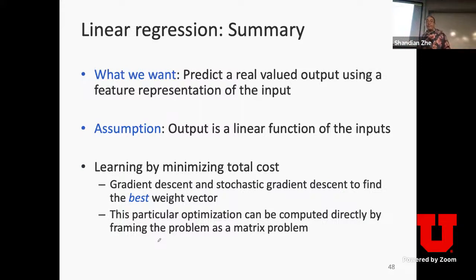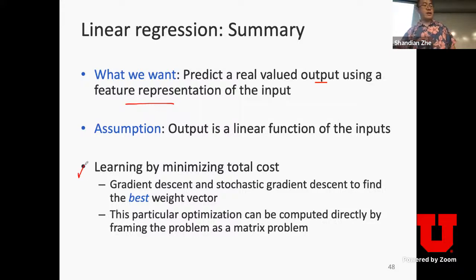Okay, so now we have finished our discussion about linear regression. In summary, the goal of linear regression is to predict a real-valued output using a feature representation of the input, right? The key assumption of linear regression is that the output is a linear function of the input, a linear combination of the input variables, right?